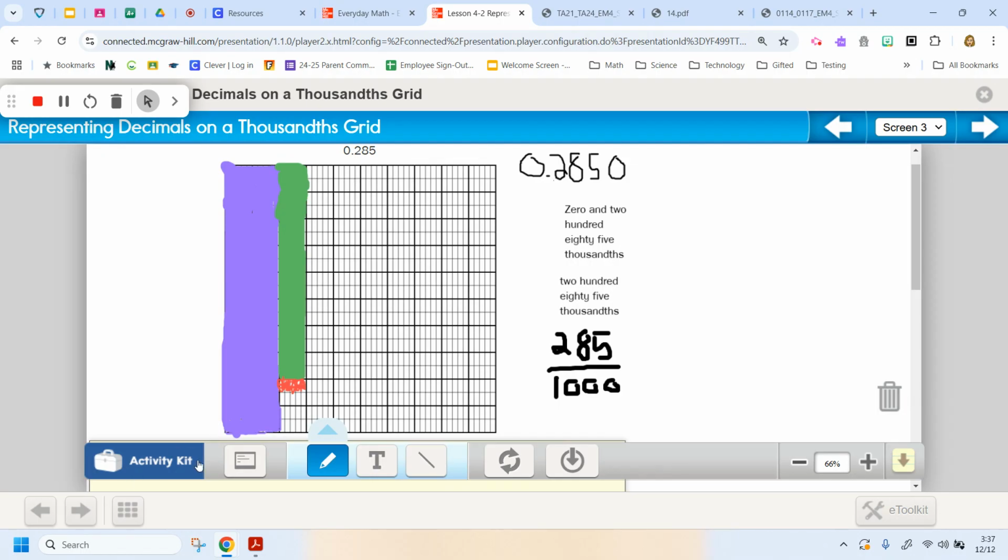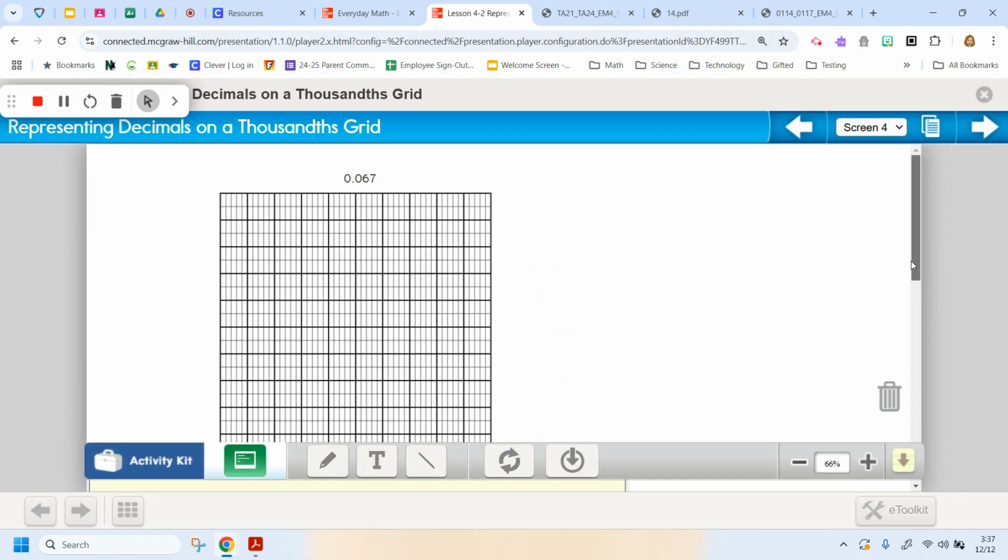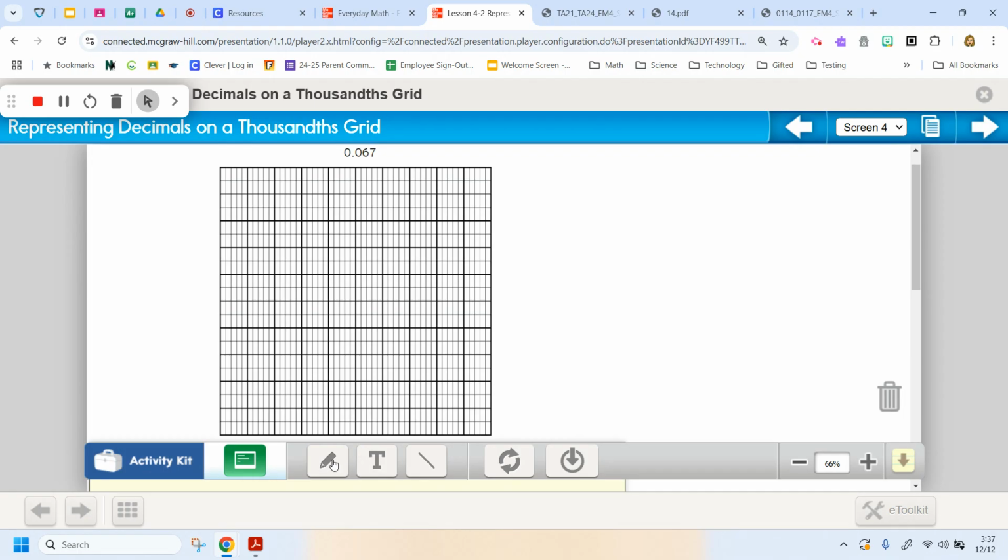Let's try another one. Your next number is what? How would we say that? So let's think of how we could say that in word form. We could call it 0 and 67 thousandths, since it's ending in our thousandths column. Let's shrink it so you can see it.